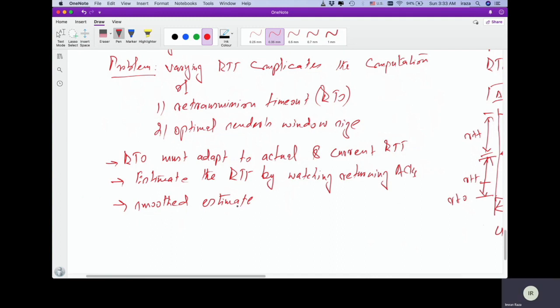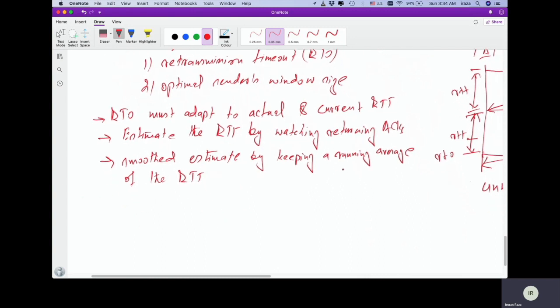And the smooth estimate can be calculated by keeping a running average. Running average of what? Running average of the RTT, right? So rather than using one recent value of RTT, which is varying, which is changing, what we'll do is keep its running average to calculate a smooth estimate.